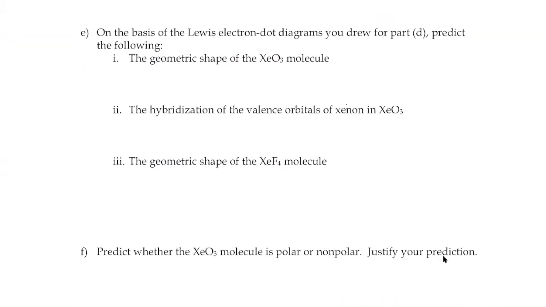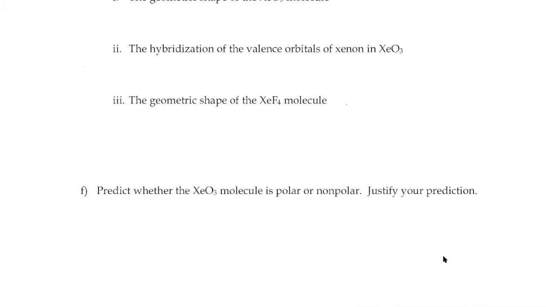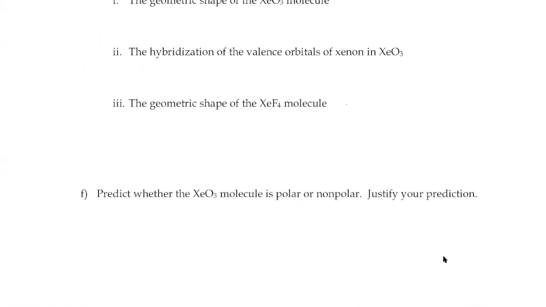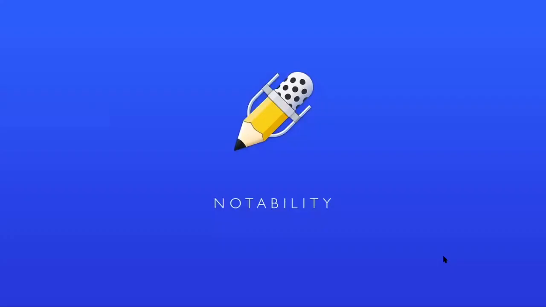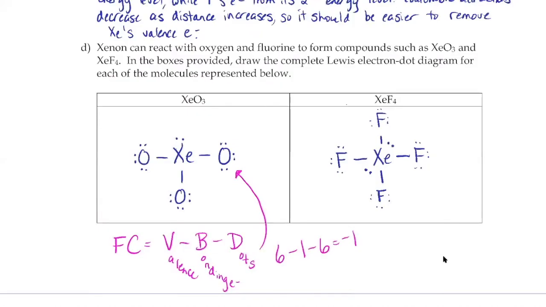So now take a look at shapes, hybridization, and then polarity of those molecules. I'm going to give you a few minutes to try parts E and F. And I'll pull up that structure here on your screen one more time. Okay, so you could look at those two guys there and try to figure out shapes, hybridization, and polarity of some of those things.